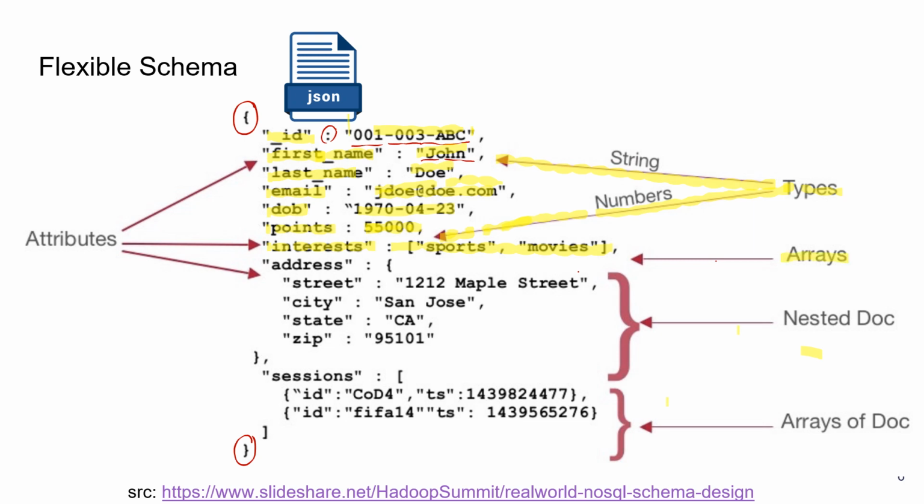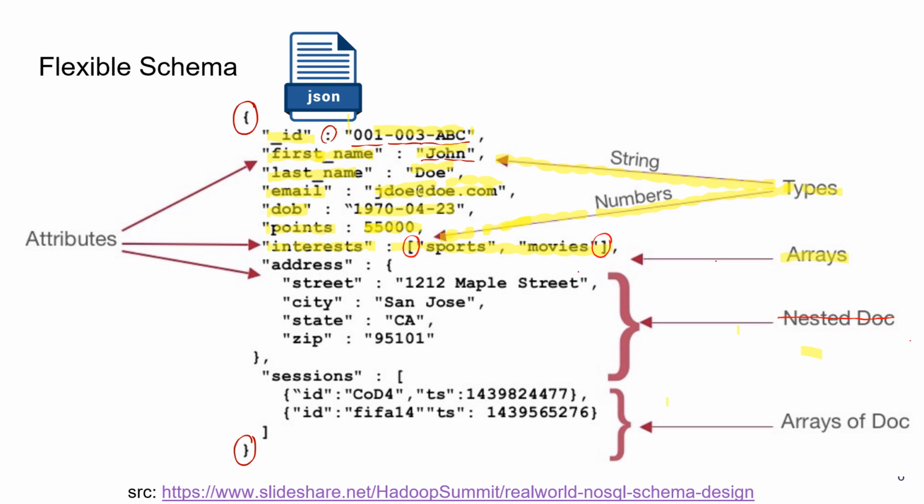It's an array storing two items, sports and movies, and we use this square bracket symbol to represent an array structure.